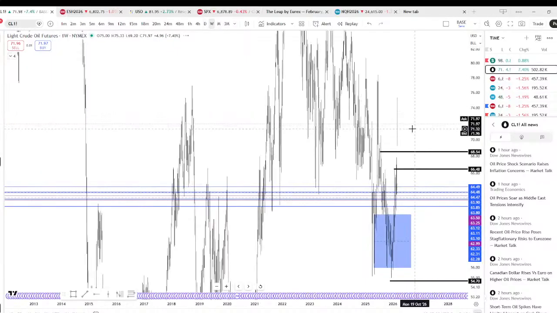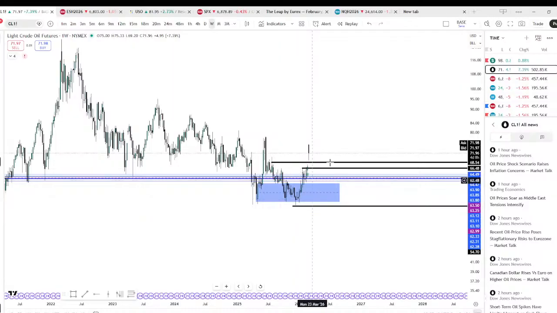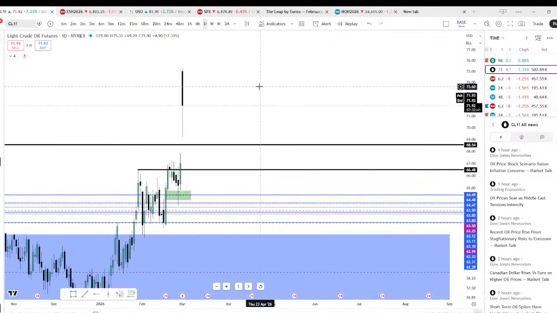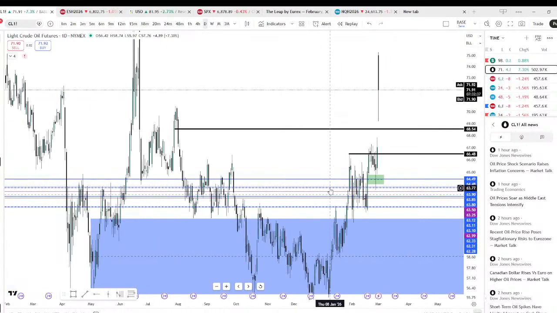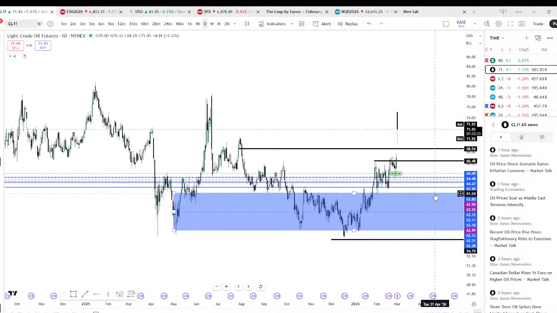Crude oil, I loved what was going on. It kind of set itself up perfectly. When I say I saw that as the perfect entry, I'm not even kidding. It was all time. That's the model.